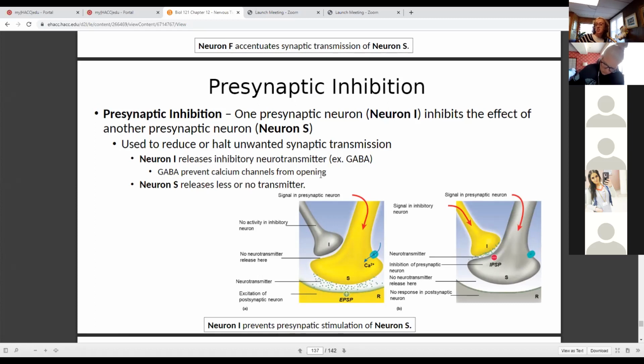GABA prevents calcium channels from opening, even though an action potential reaches the axon terminal of neuron S. Neuron I is going to block the calcium channels from opening, which would normally allow for the release of neurotransmitter.